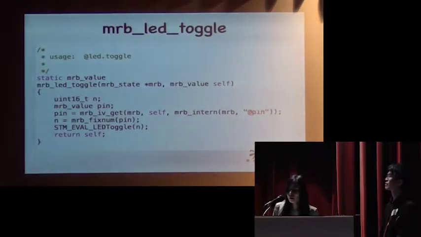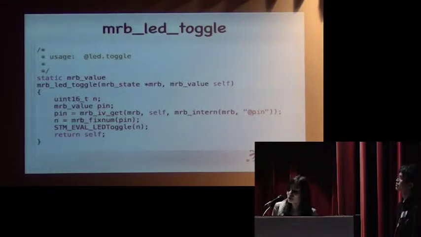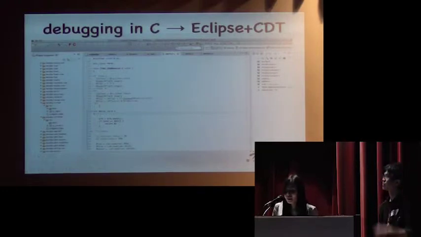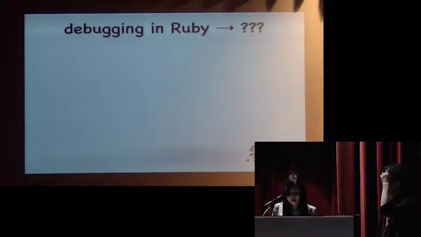For example, this demo application has a toggle method in the LED class. The implementation of the toggle method is a C function, mruby LED toggle. We use Eclipse as IDE, and Eclipse has a C debugger, but doesn't have an mruby debugger.